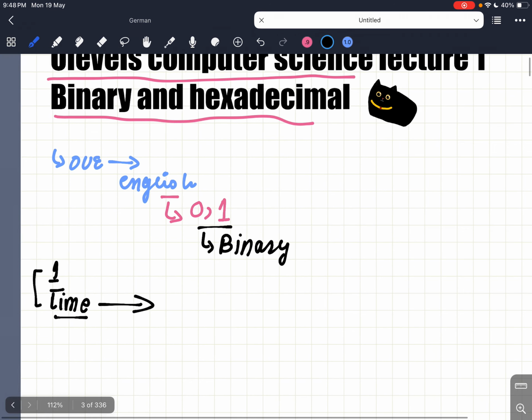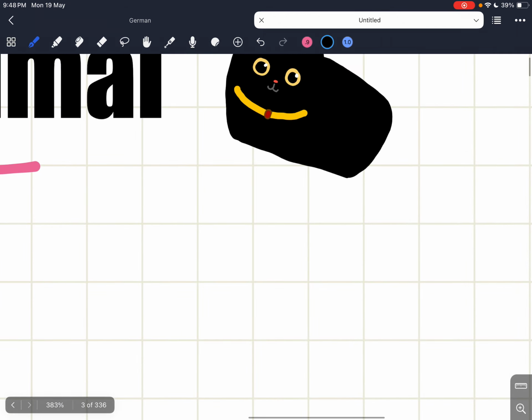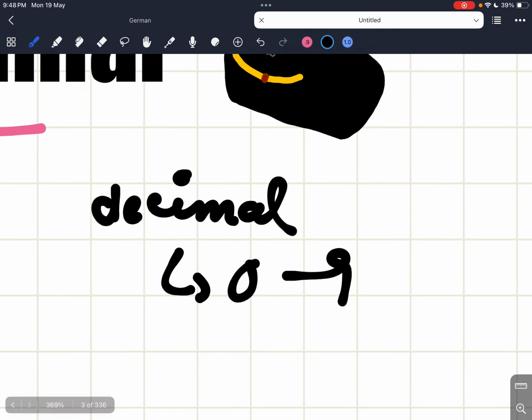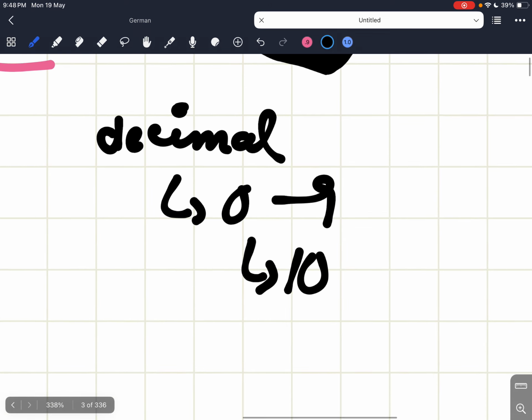Within that we also have the hexadecimal system. In mathematics you have probably learned about number systems, like the decimal number system, which is from 0 to 9, including all 10 digits. Then we have hexadecimal.